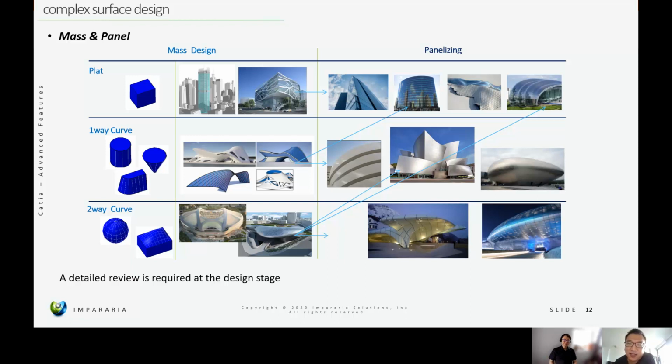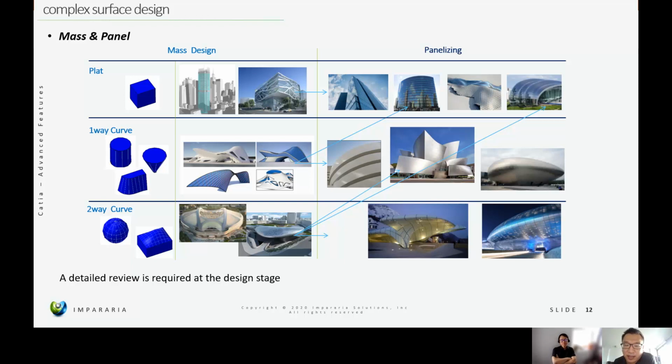So it's easier to manufacture than two-way curve panelizing. Two-way curve is very unique, but it's hardly applied in the manufacturing process because not all manufacturing companies have this kind of ability, right? Therefore, the cost will increase, and only specific companies can do it.